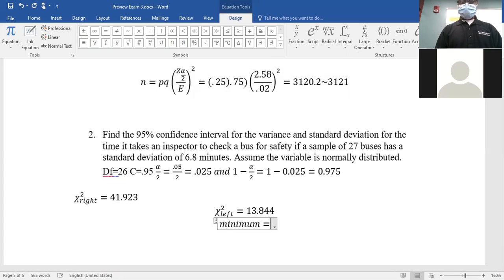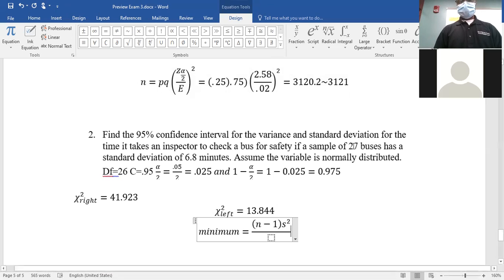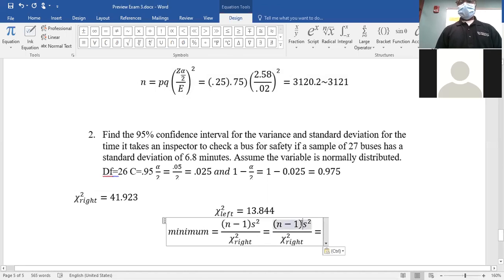Minimum equals to n minus 1 times s squared divided by chi-square right. n minus 1 here is what?